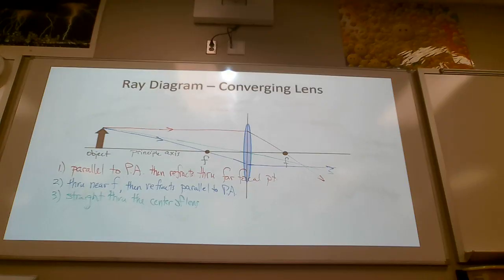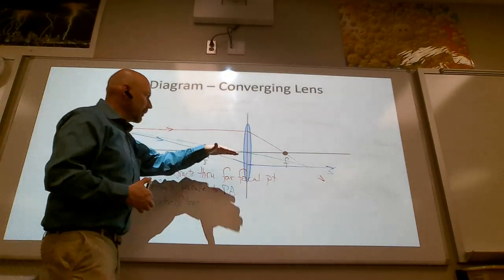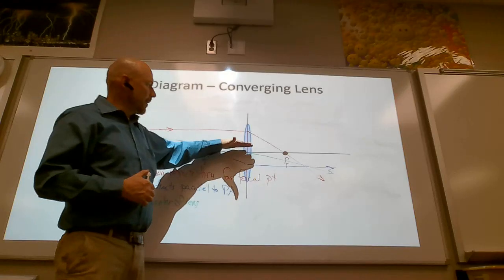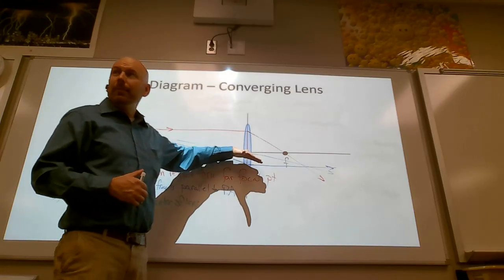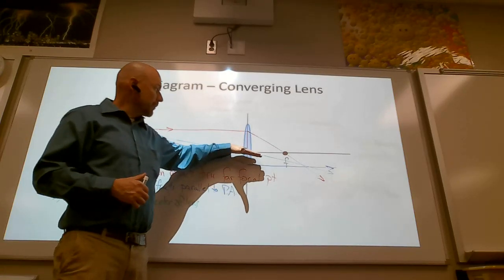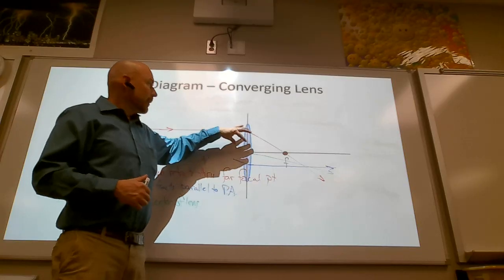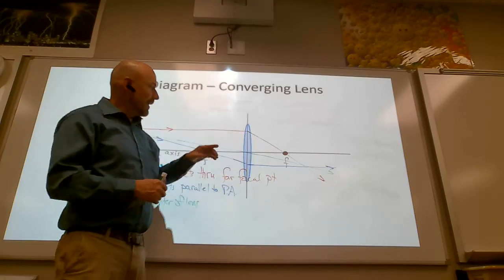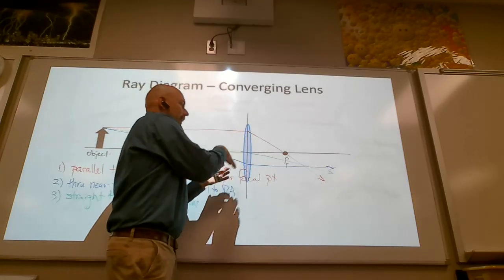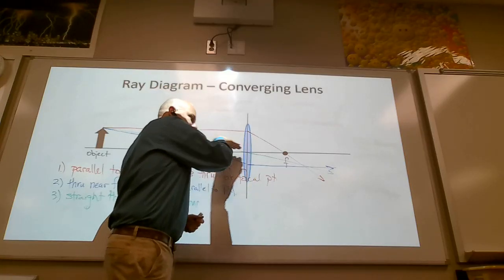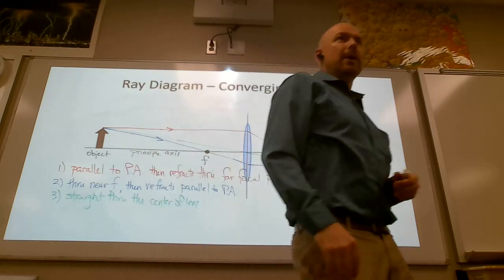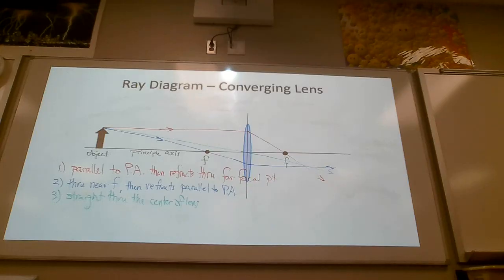Okay, so the reason why we can go straight through is because above the principal axis, the lens would bend it down a little bit. Below this principal axis, it bends it up. These are considered thin lenses, so the fact that this is thin, it's a pretty good approximation to say it just goes straight on through. There's not really much bending that takes place.